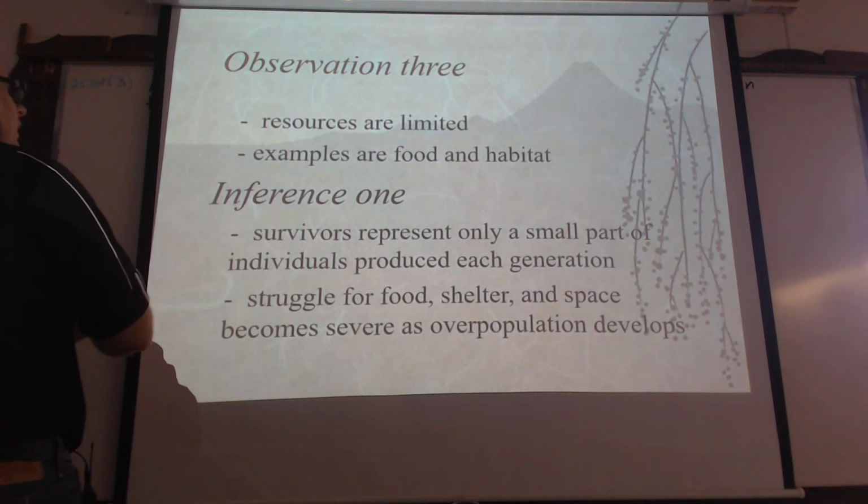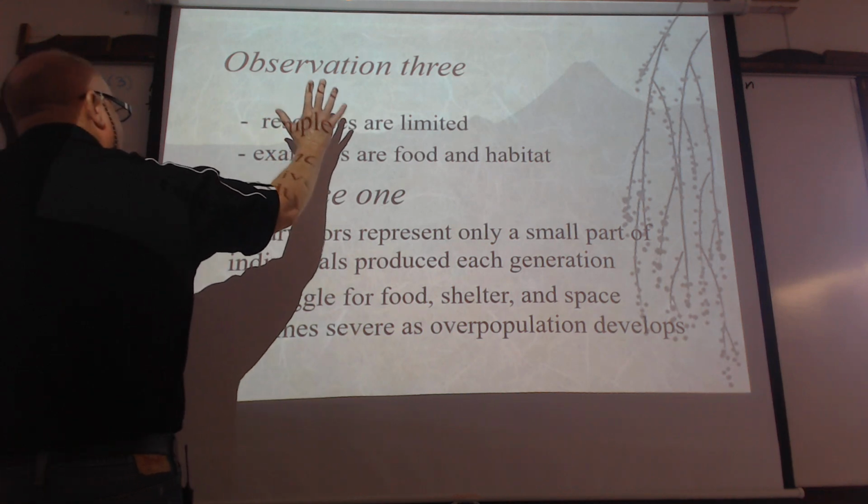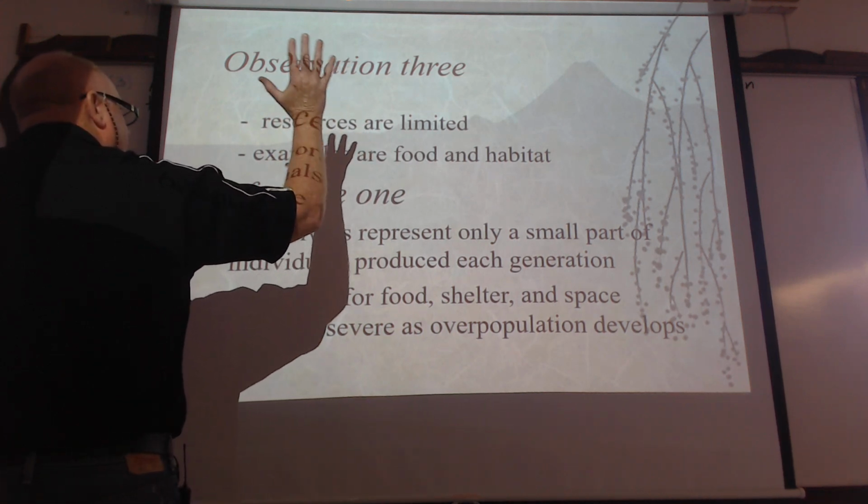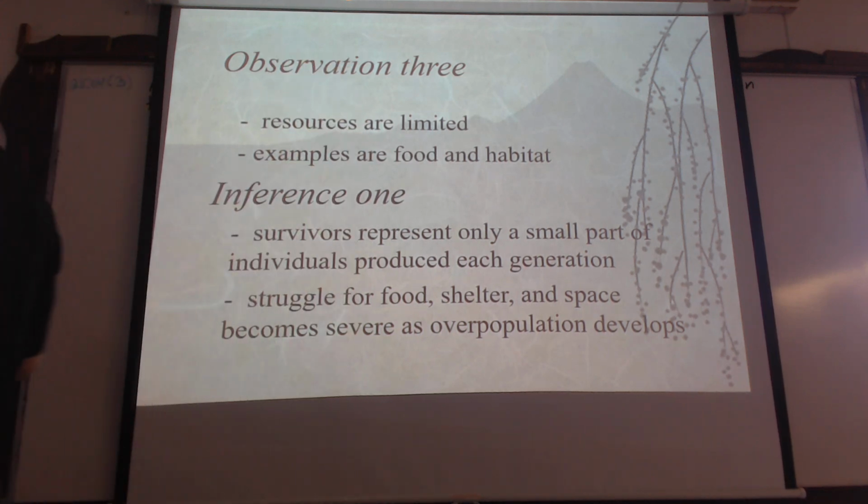Now, when we look at this, when these resources are limited, like food and habitat, we had discussed which observation is the best one that would describe what evolution and natural selection would be. 1, 2, or 3?